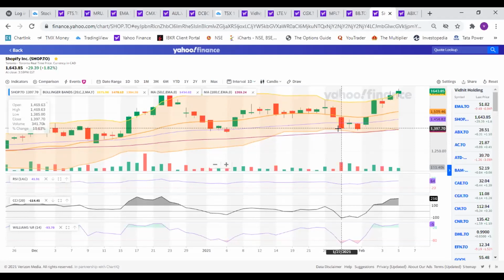Kamal was at 1370. I had kept my buy order at 1375. It did not touch 1375. At 1385, it reversed. Next day, again at 1398, it went up. Next day, 1385, 1384, 93, it went up. Both Kamal and me missed out our opportunity of buying at 1375, 1370 over here.